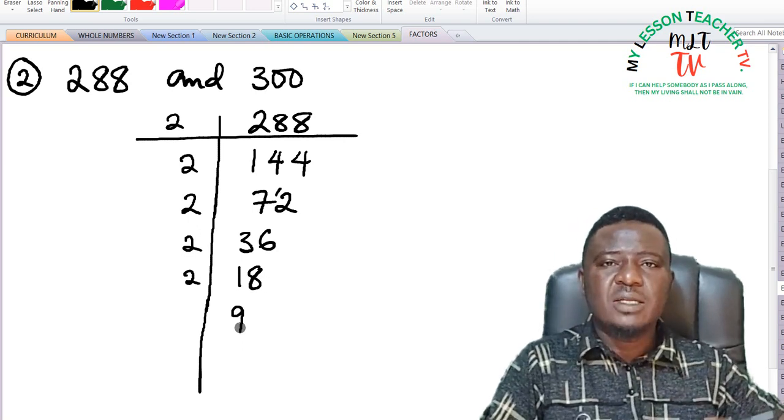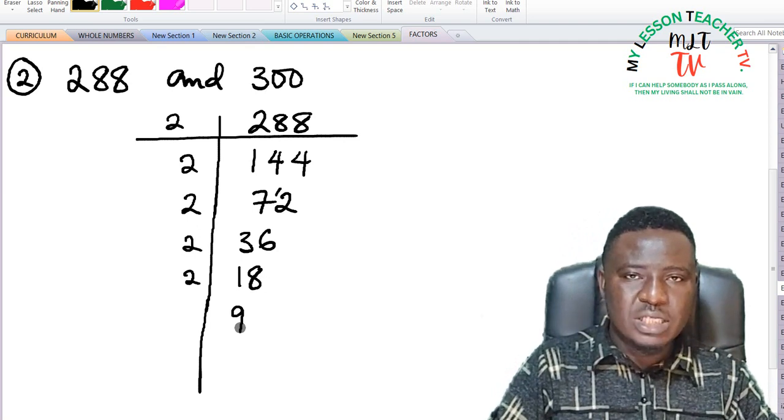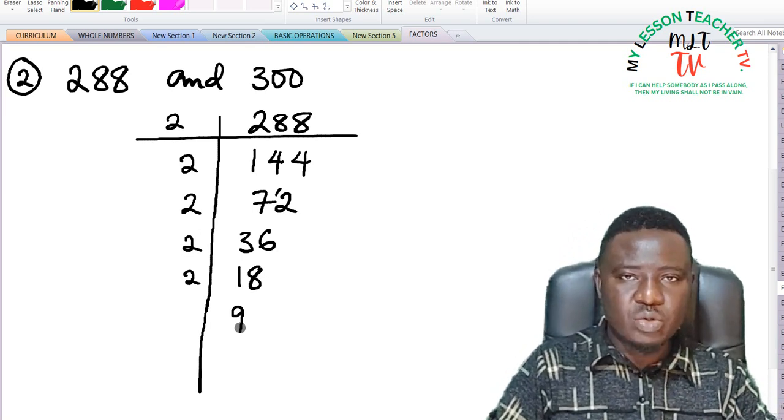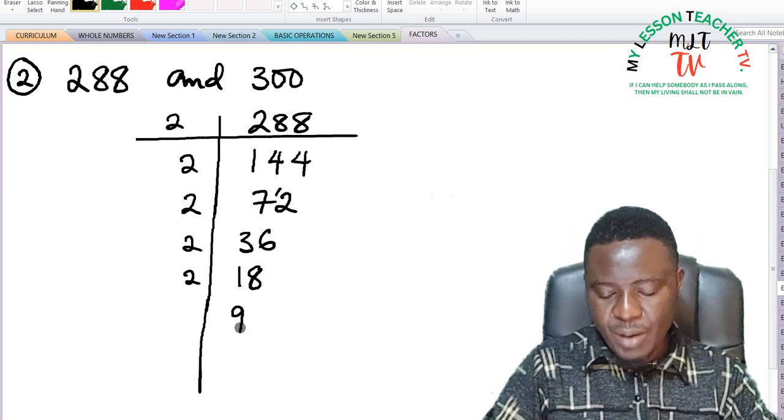Now, you keep dividing with the least prime factor as long as it is divisible by that. When it is not divisible by 2, then you move to 3, which is the next prime number.